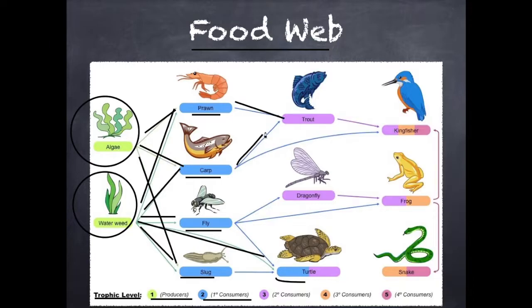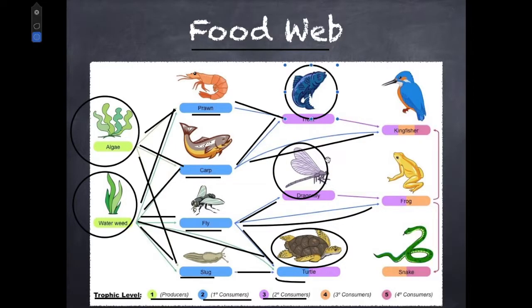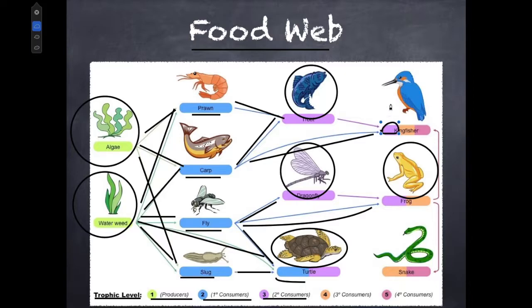Then these primary consumers go to the secondary consumers, or the purple animals. And we see this as all these animals are consumed by the purple animals. The purple animals here include the turtle, the dragonfly, the frog, and the trout, and the kingfisher. These are all the secondary consumers.